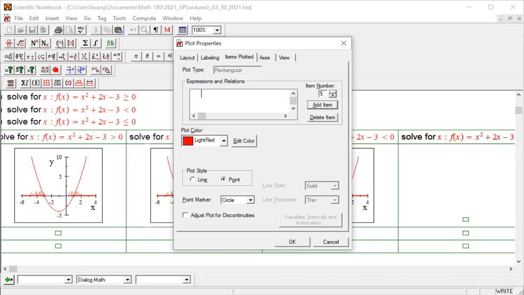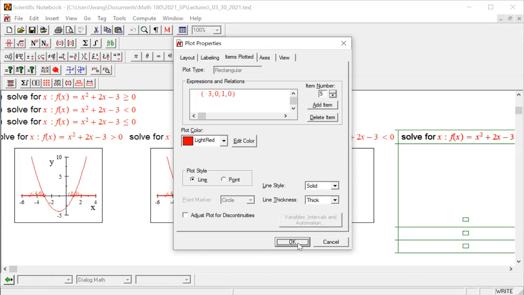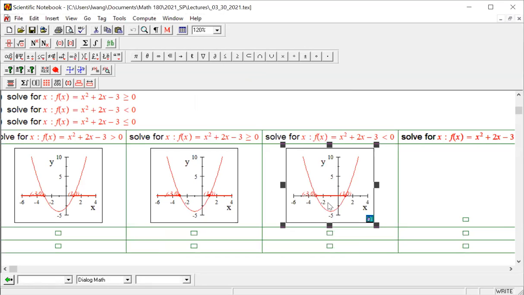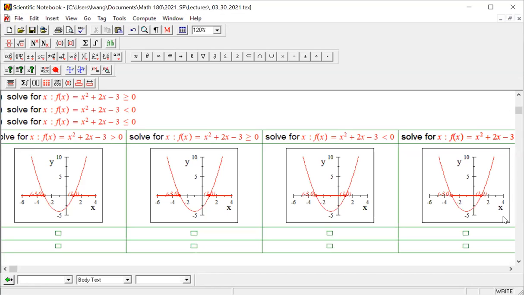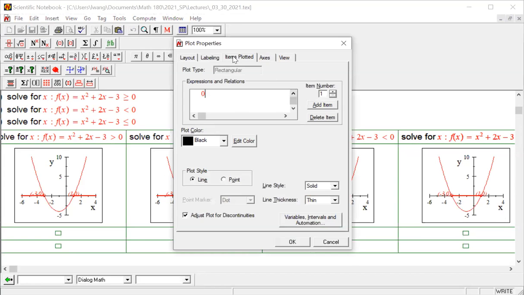And then we're going to add (-3, 0) and (1, 0), and make the line thick. Okay, that's less than 0. How about less than or equal to 0? Those will be the dots.